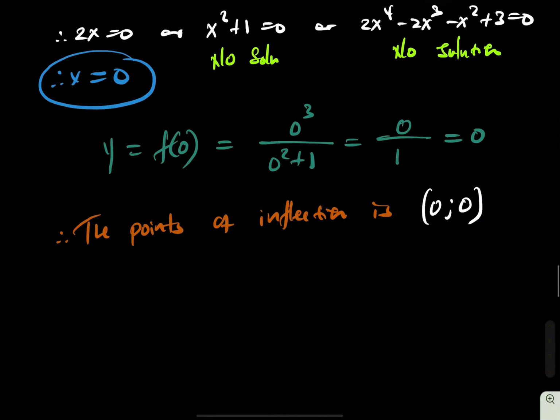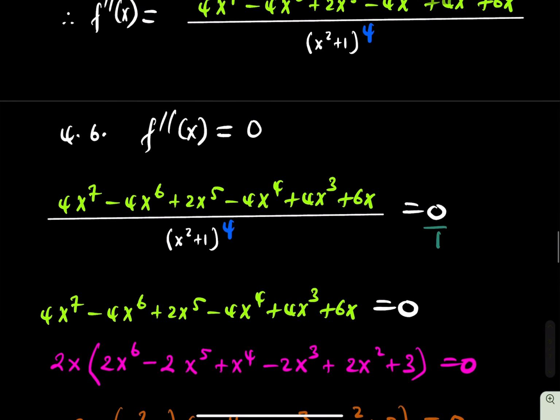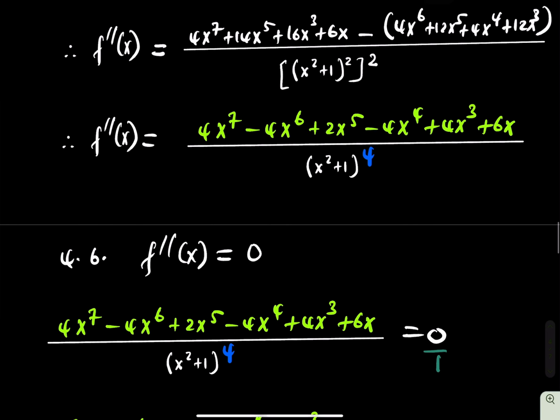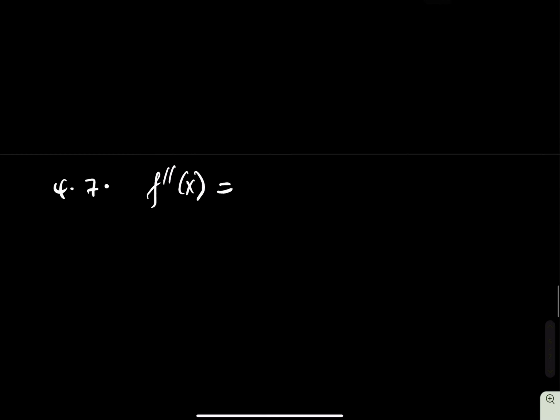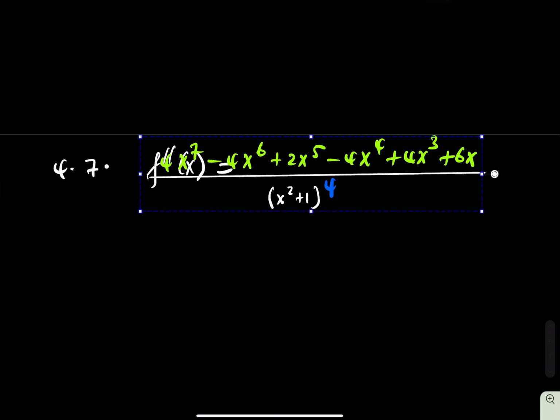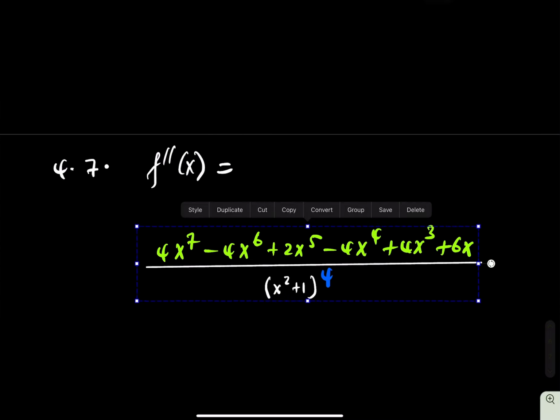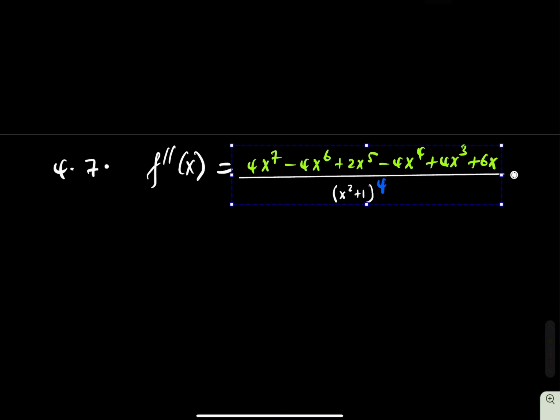So remember that you had your second derivative somewhere there. It's that tedious thing we got. My goodness. Just going to copy it. That is my second derivative. I'm going to put it here for you. Let me resize it.